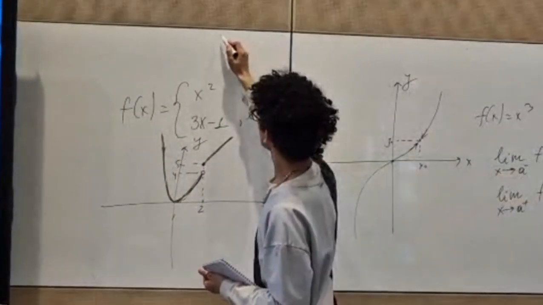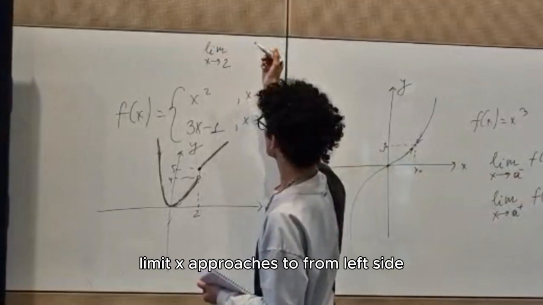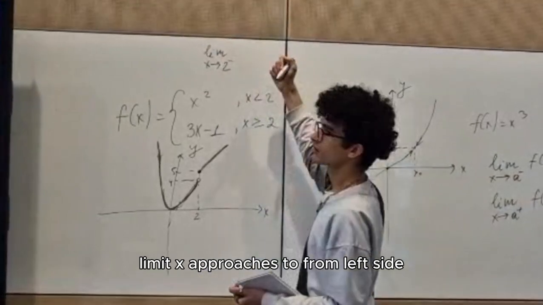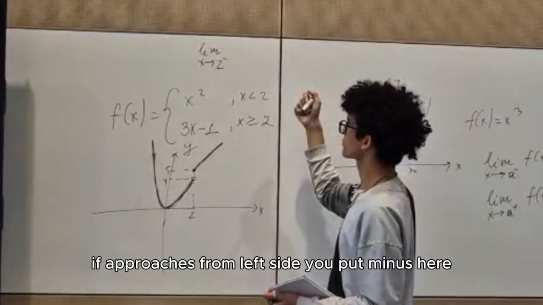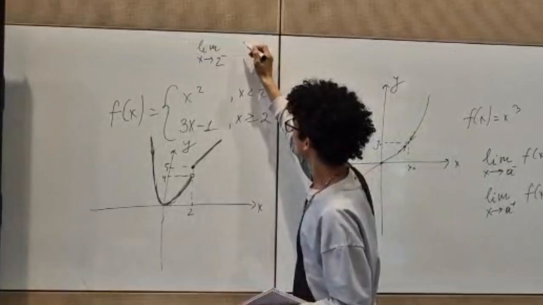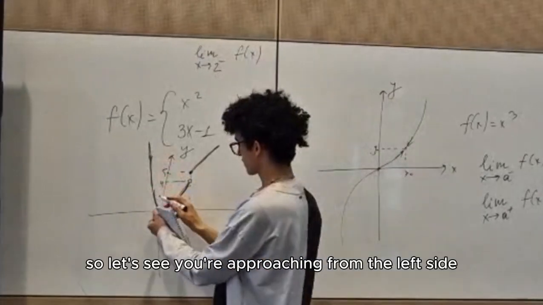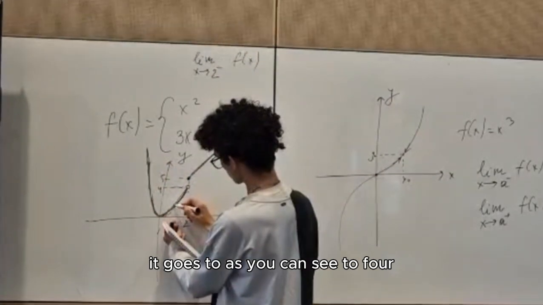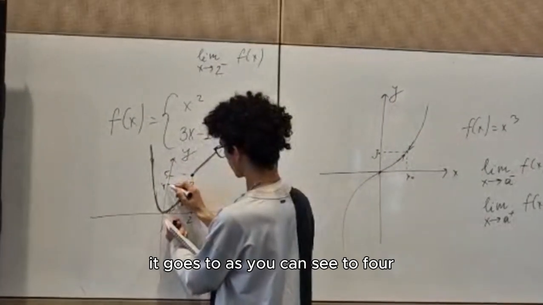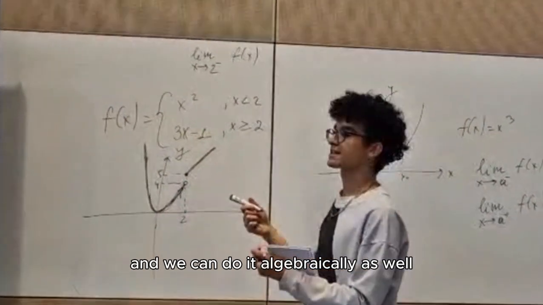First of all, limit x approaches 2 from the left side. As I said, if it approaches from the left side, we put minus here. So let's see. We are approaching from the left side. It goes to, as you can see, 4. And we can do it algebraically as well.